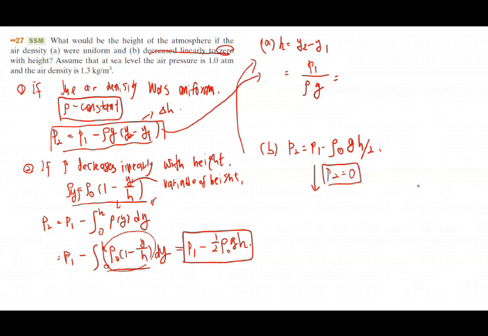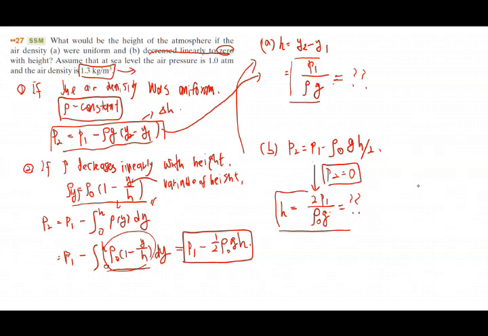We plug it into this formula, then h should be 2 P1 over rho naught g. So why don't you plug in the numbers and tell me how much you got for problem A and problem B now? Make sure you use the air density 1.3 kilograms per cubic meter, not mixed up with the water density, just like what you did in the last session.